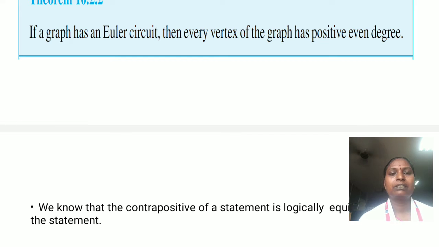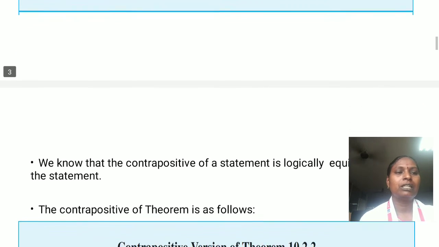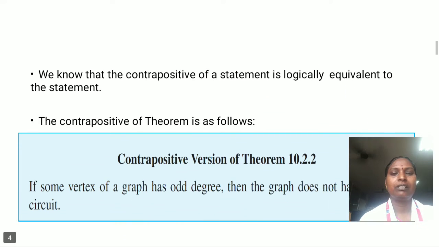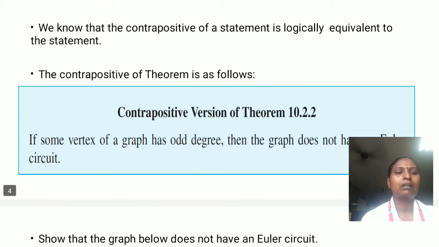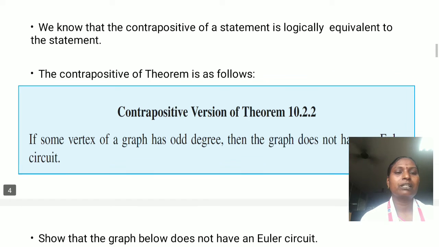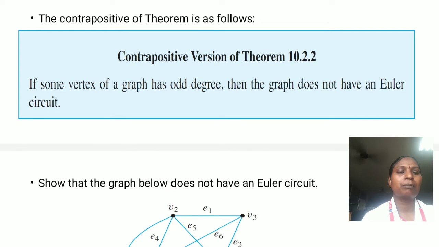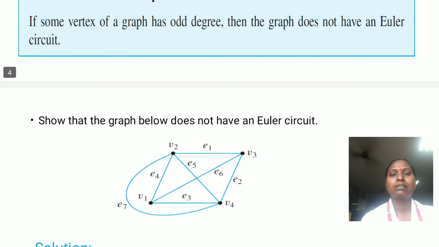If a graph has an Euler circuit, then every vertex of the graph has a positive even degree. We know that the contrapositive of a statement is logically equivalent to the statement. The contrapositive version of the theorem is: if some vertex of a graph has odd degree, then the graph does not have an Euler circuit.